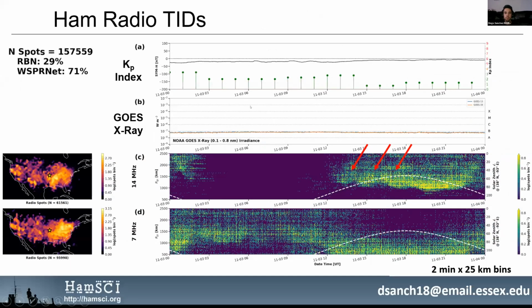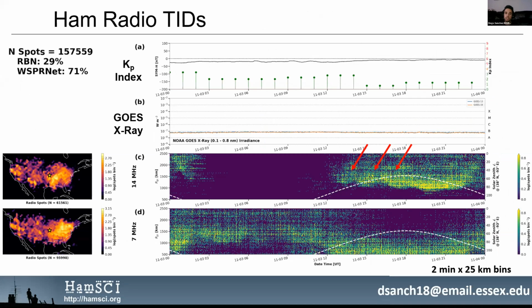This is an example of the TID plots that Nathaniel has been making. Down here are the actual plots using the ham radio data. We have the range of the spot, the distance from transmitter to receiver. On the right is the spot density, color coded, with the more yellowish being the higher spot density at a given moment.